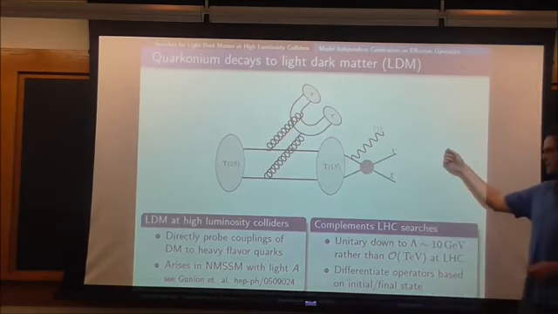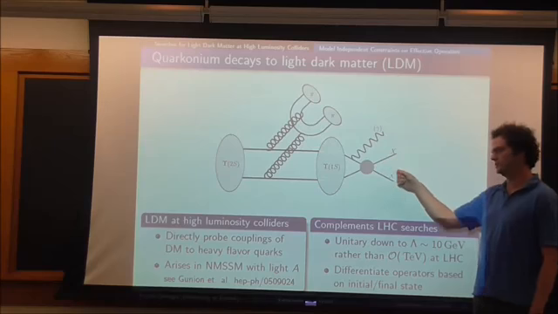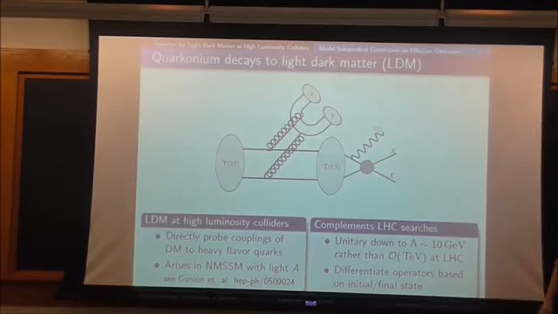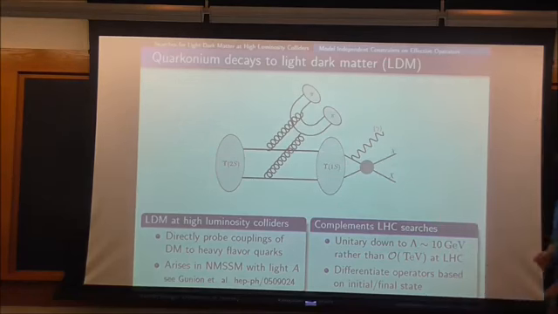And then if you have a photon in the final state, use the kinematics from that to reconstruct the mass distribution of the missing energy. But one other thing, and I'll get into a little more detail with that, is that depending on your choice of bound state here and whether or not you have a pion in the final state, you probe different interaction structures.